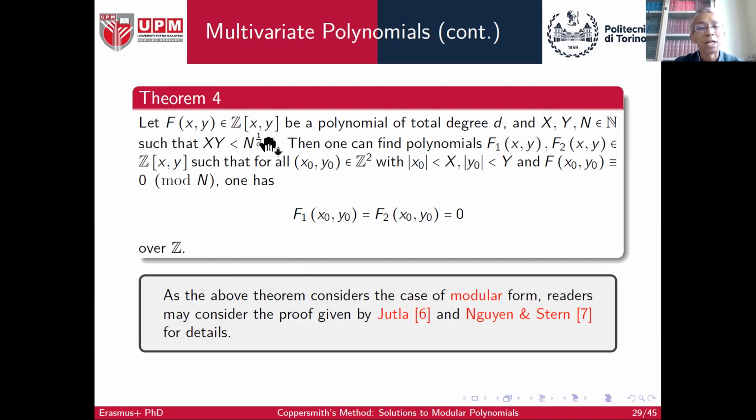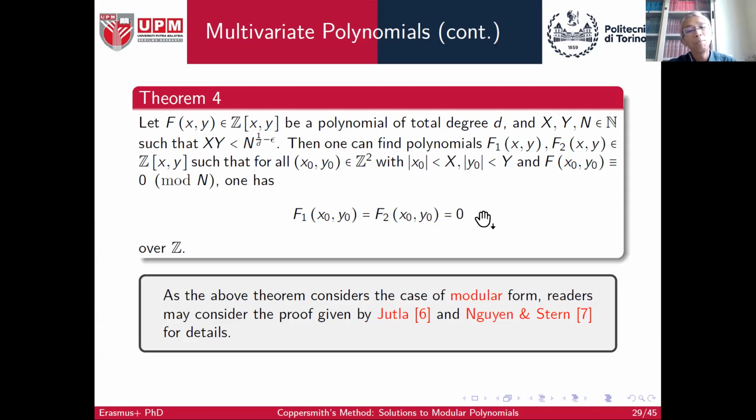This condition is also similar to Coppersmith in the univariate case. Then one can find polynomials f1 and f2 such that for all roots in Z2, f(x naught, y naught) is congruent to 0 modulo N, and f1 and f2 are algebraically independent.